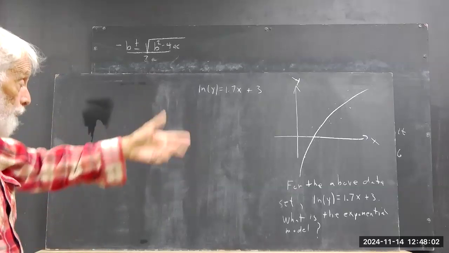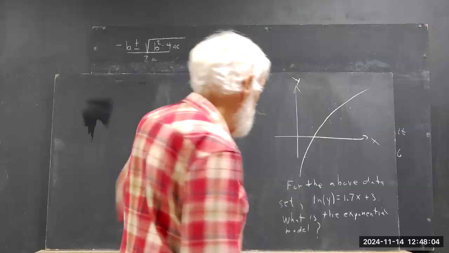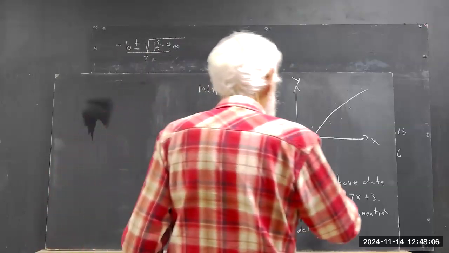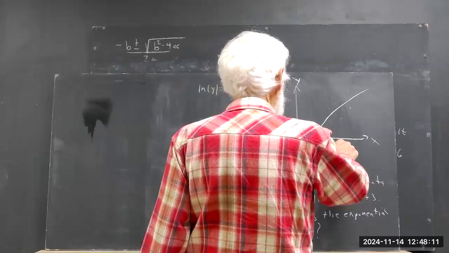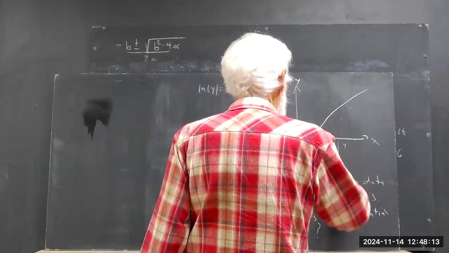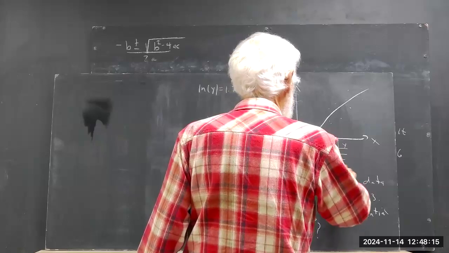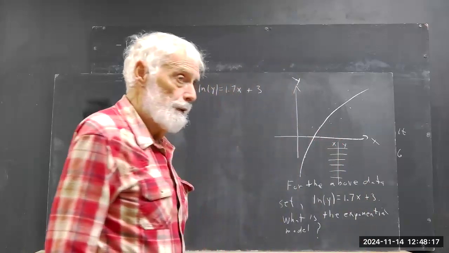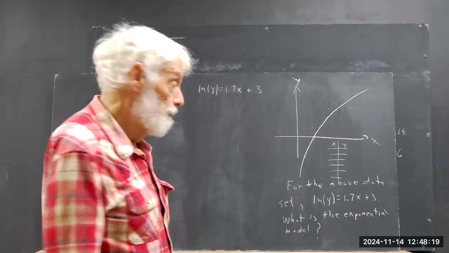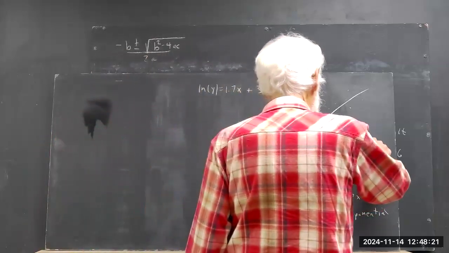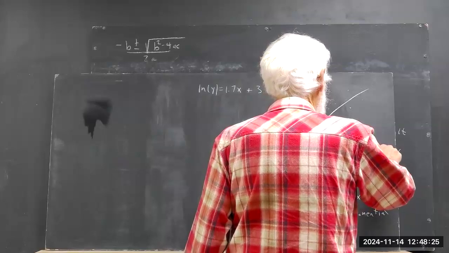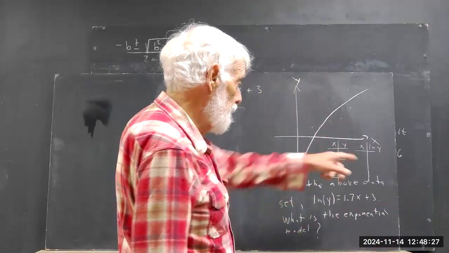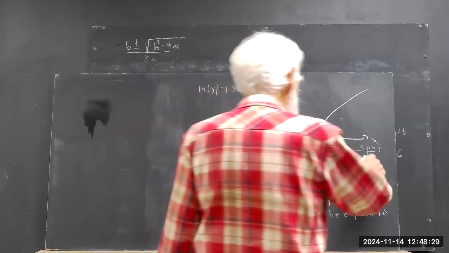Now, what we would do with this data, okay, if you have your data, you would have an XY table. Okay, you'd have numbers in here. Do what we did last time, you do x and natural log of y. What's the natural log of y versus x?